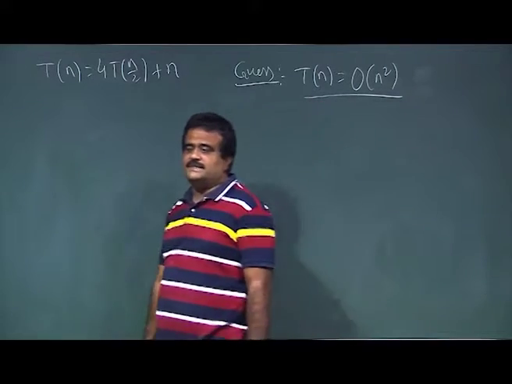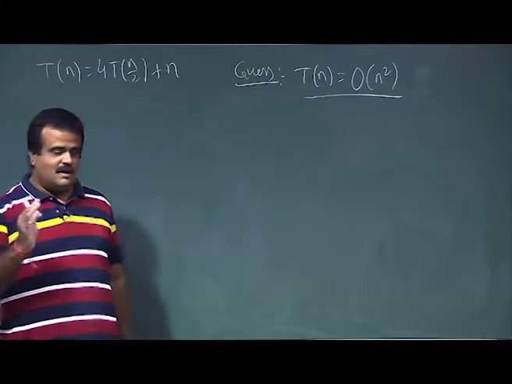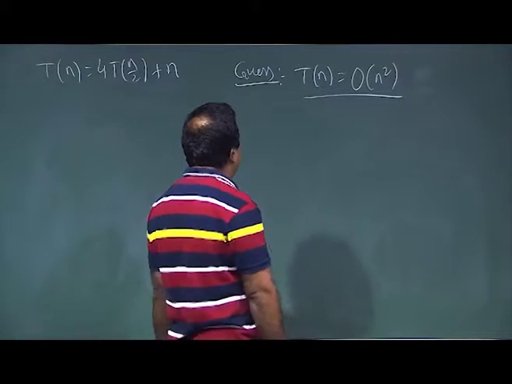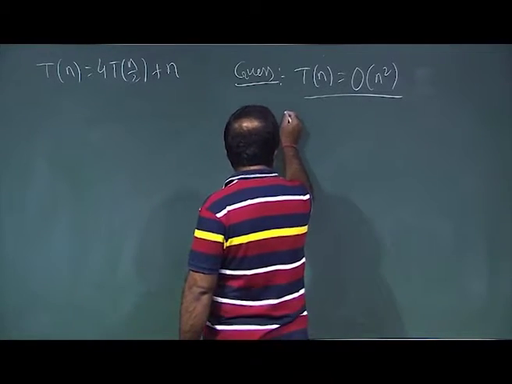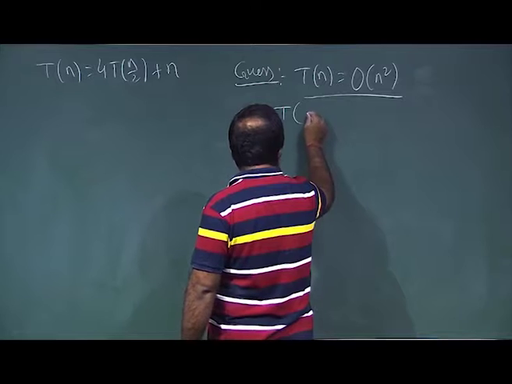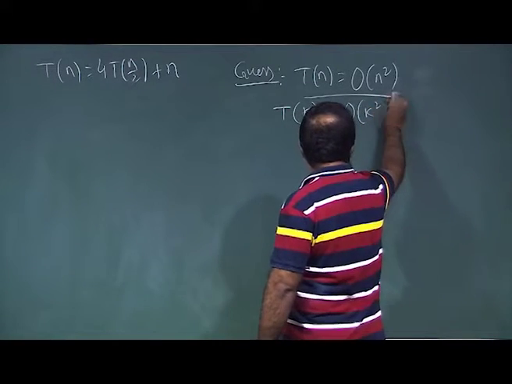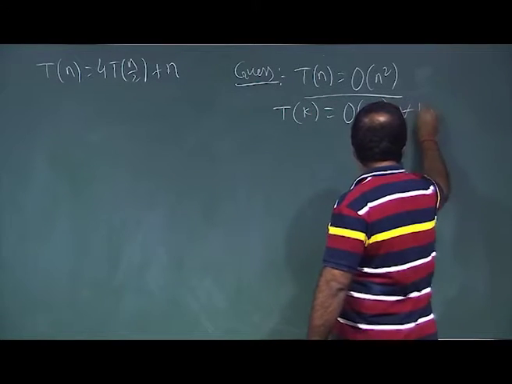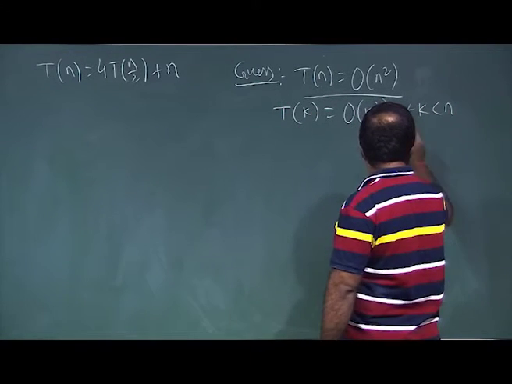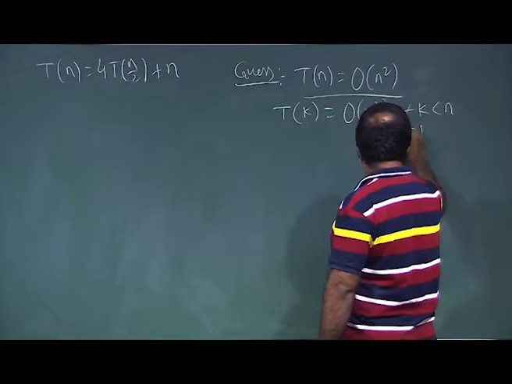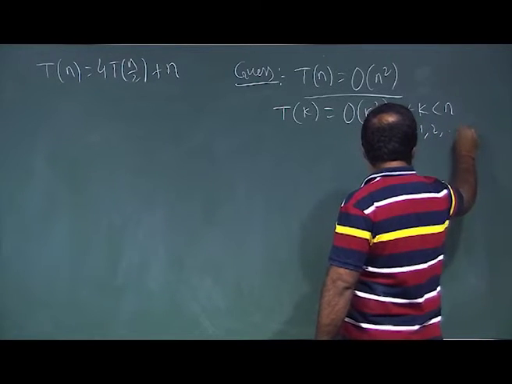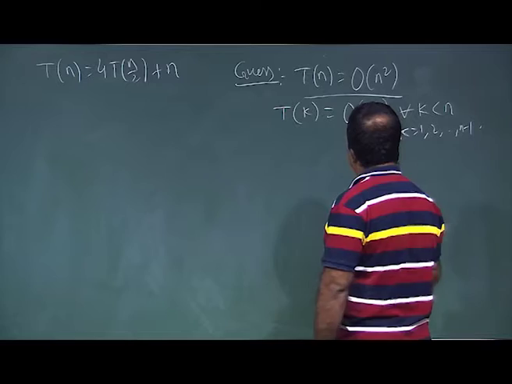So, again we have the assumption step or the induction hypothesis step. What is that? We assume this is true for all k up to n, so that means k is equal to 1 up to n minus 1.